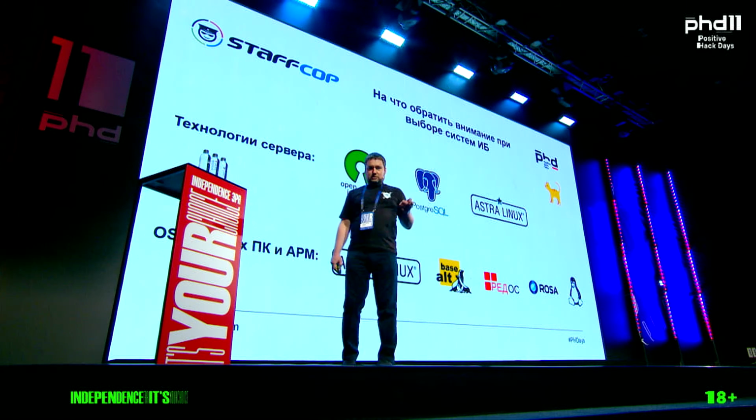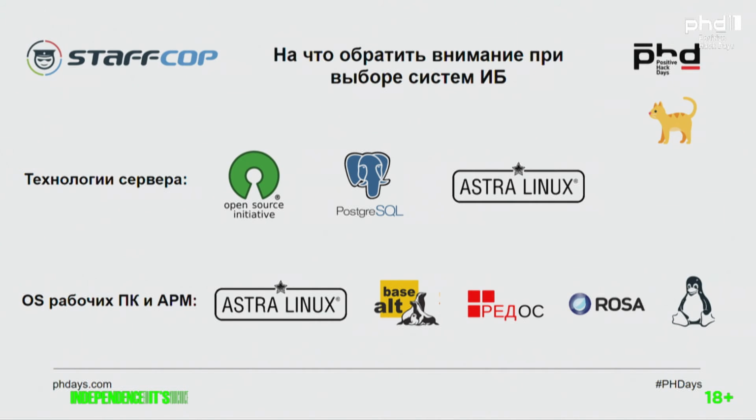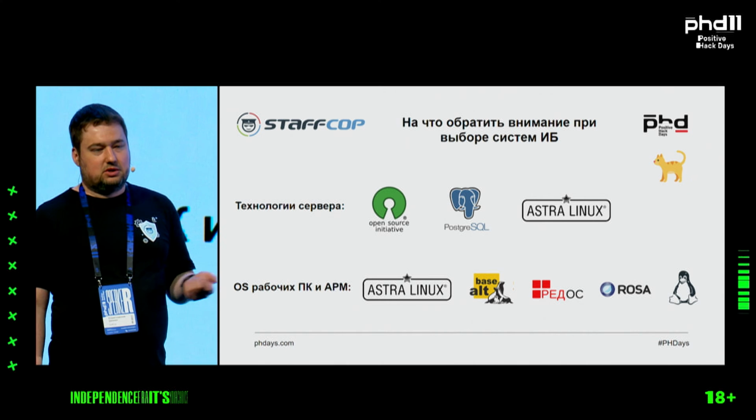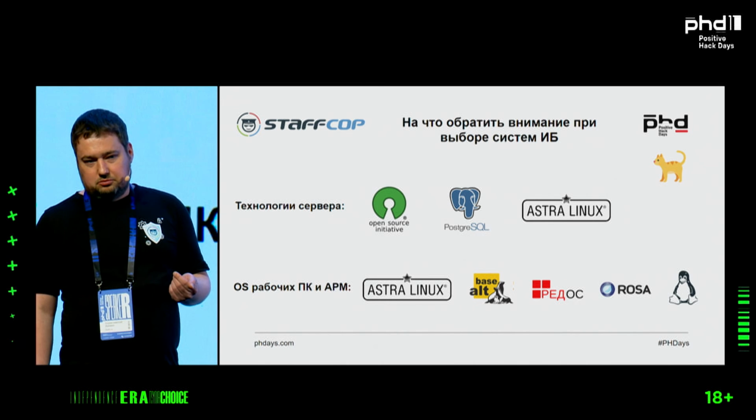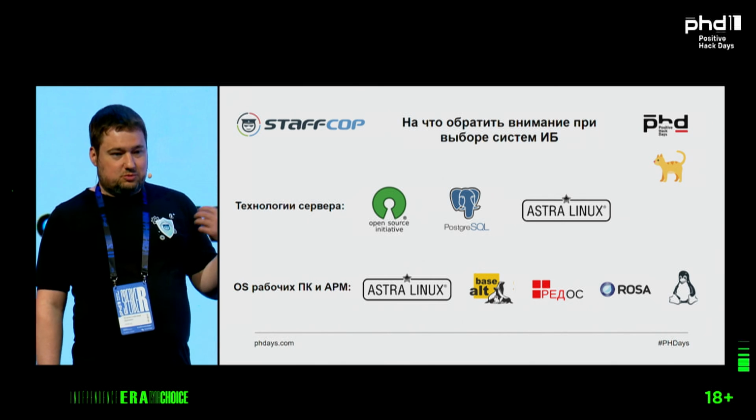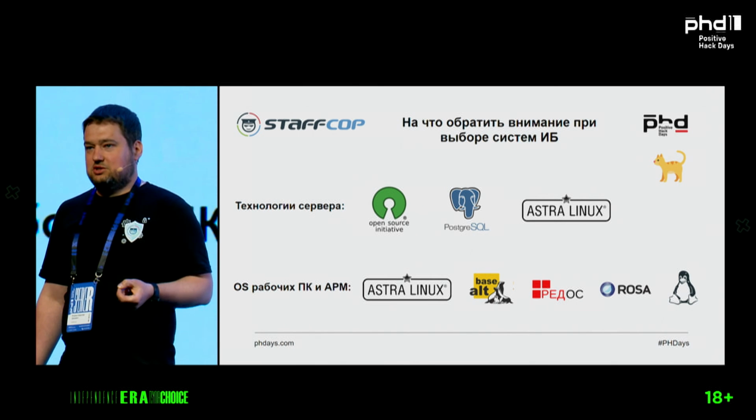Look at the technologies. We didn't prepare for certain events, but we preferred independent things which do not require extra expense. We use Ubuntu, we use Astra, Linux operating systems.